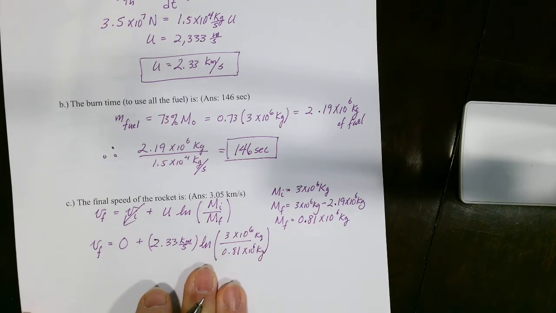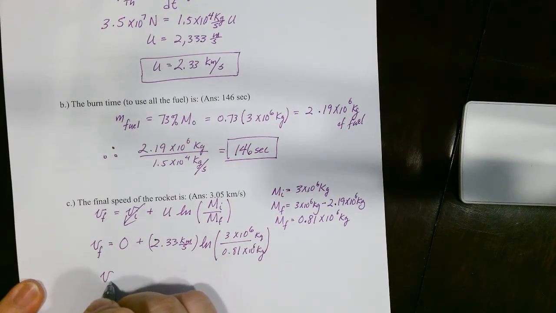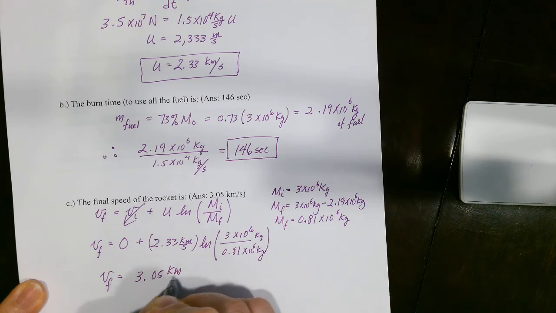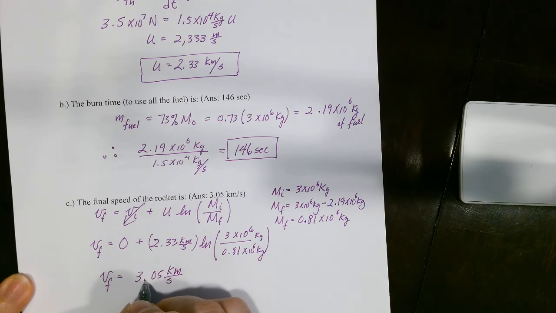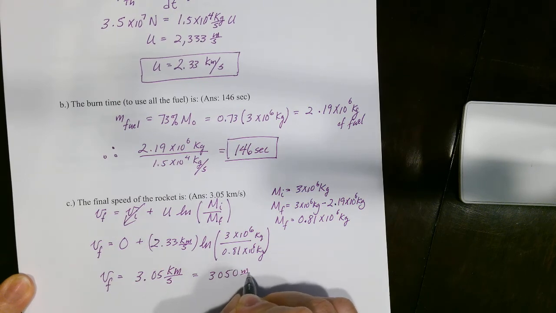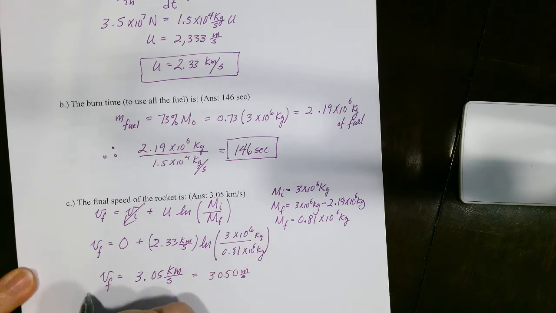If you work that out in your calculator, your final velocity should come out to 3.05 kilometers per second. That's sick, right? That's pretty fast.